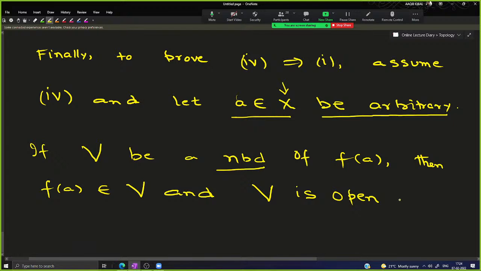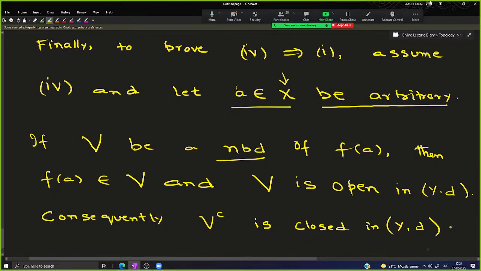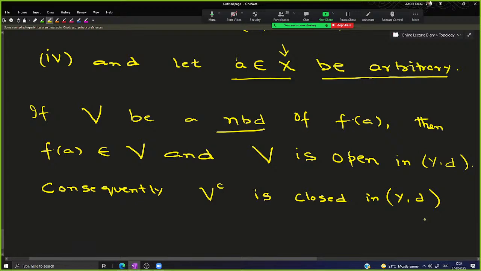Open in which space? In Y_d. ठीक? I am saying V is open in Y_d, so consequently अगर आप इसका complement लेंगे, what will be the complement of V? It will be closed in Y_d, because V is open in Y_d, so therefore its complement must be closed in Y_d.